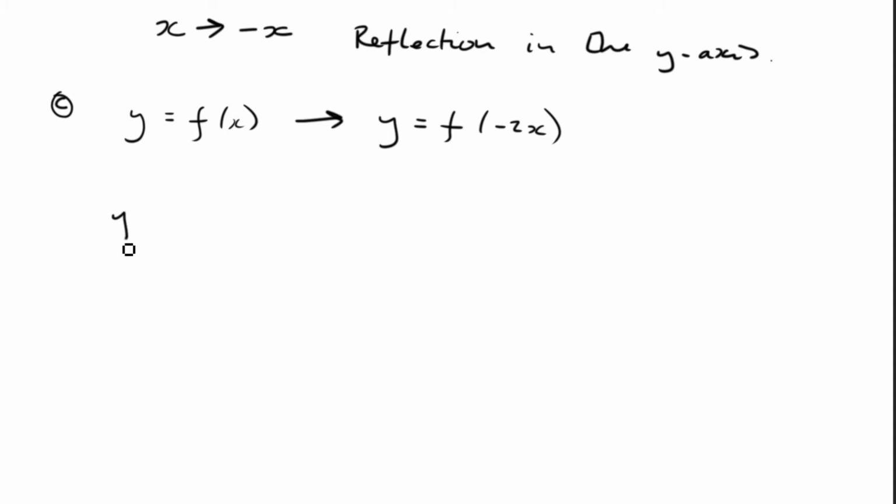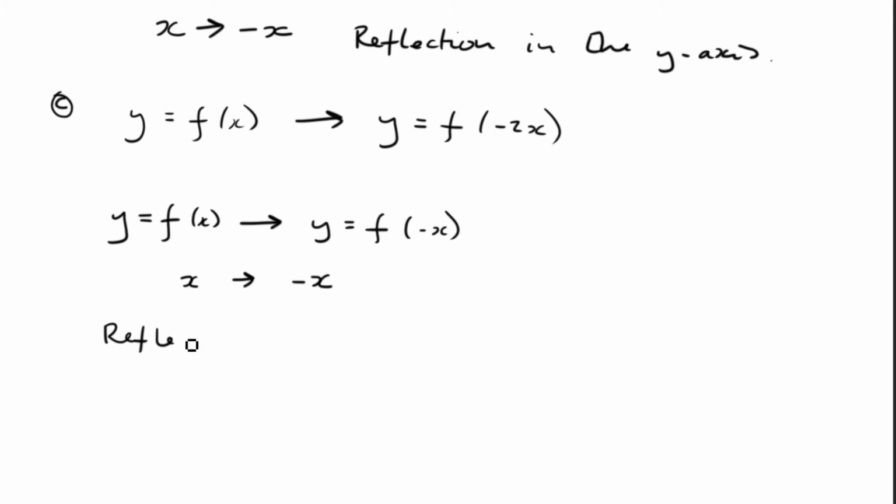I would first off say, how do we get from y is equal to f of x to y is equal to f of negative x? Well, just as in our previous example, that means we have replaced x by negative x, so that means that we would expect to have a reflection in the y-axis.